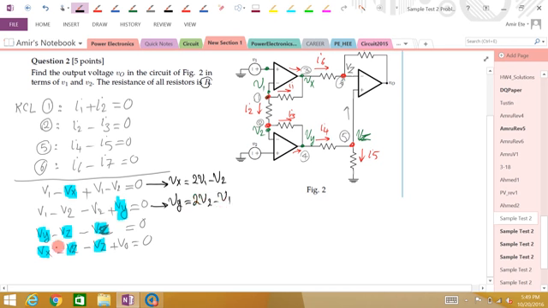From the third equation, Vz is Vy divided by 2. From the last equation, V0 is 2Vz minus Vx.